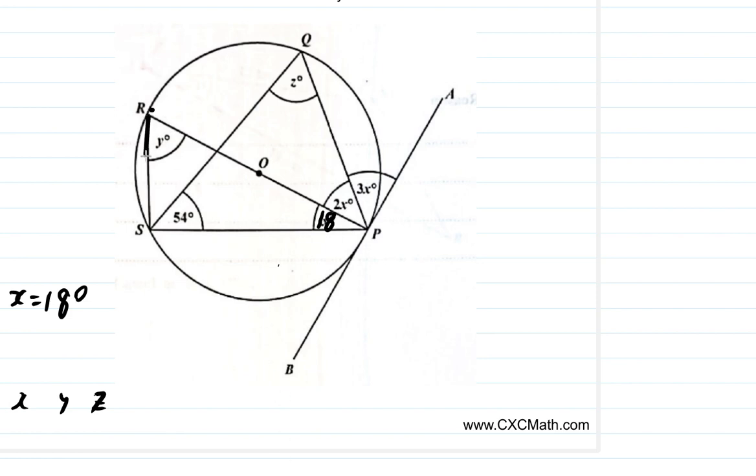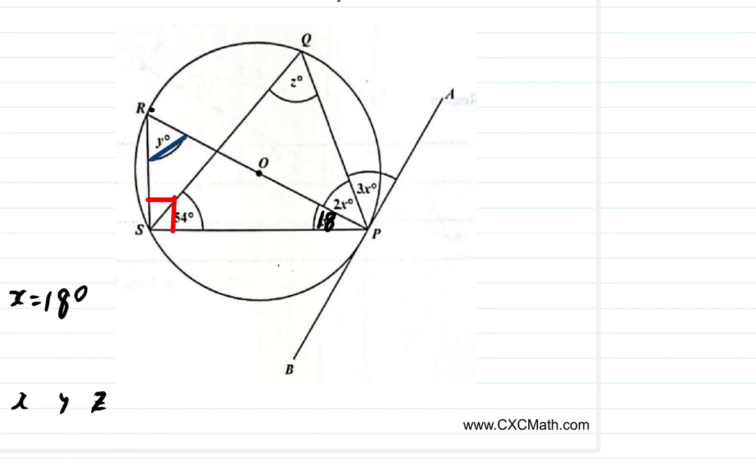And this angle, RSP, is lying on that diameter at the circumference. So what is it? It must be 90 degrees. So let me use a square and show that this angle is 90 degrees.